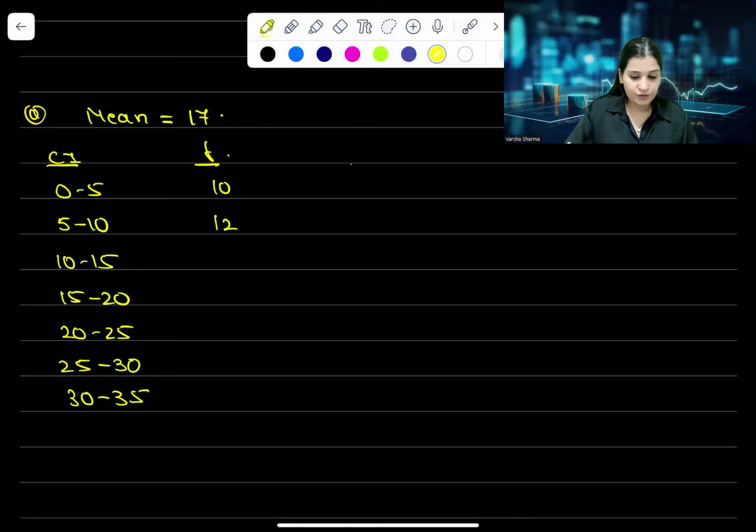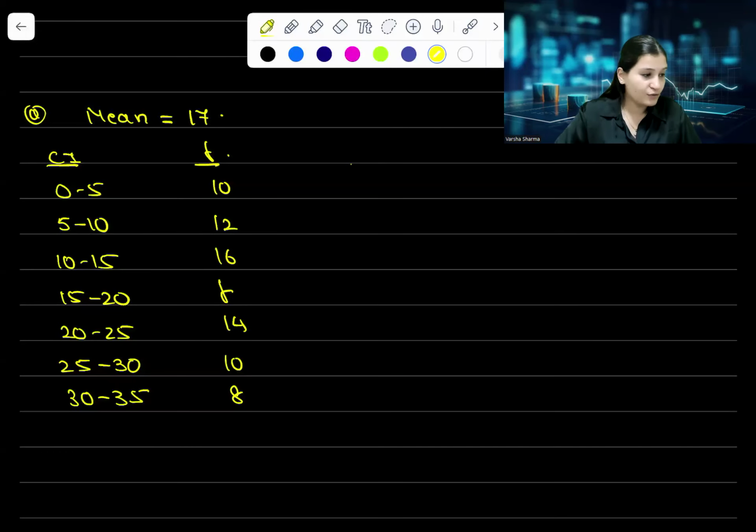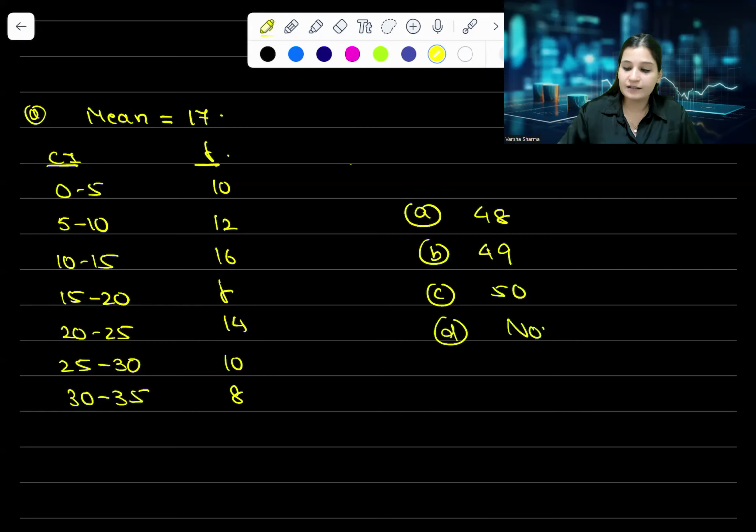Frequency: 10, 12, 16, missing, 14, 10, and 8. Find the missing frequency if you want the mean to be 17. Options are 48, 49, 50, none.